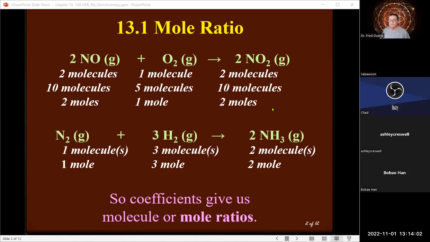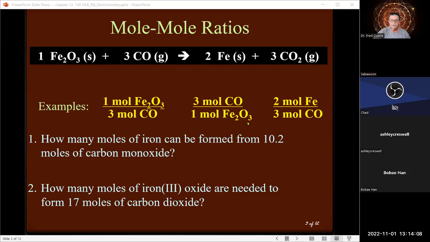So the coefficients which come from the balanced chemical equation give us these mole ratios that we need to use in our calculation. So, for example, we have here iron(III) oxide: 1 mole of iron(III) oxide reacts with 3 moles of carbon monoxide to give us 2 moles of iron and 3 moles of carbon dioxide, okay?